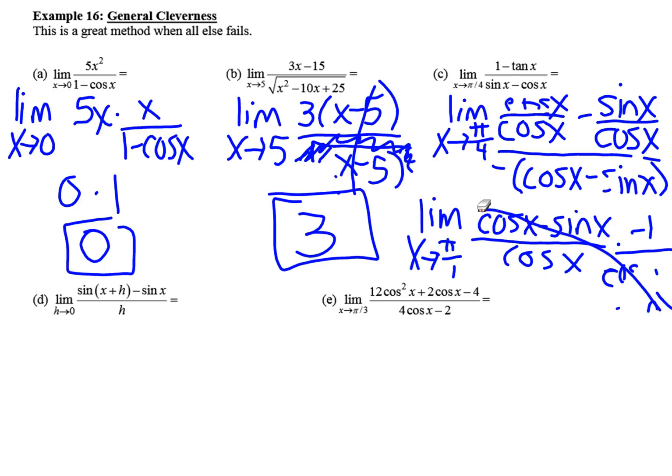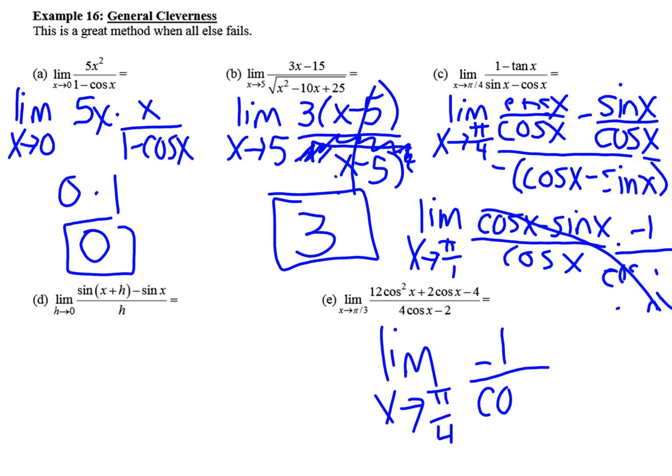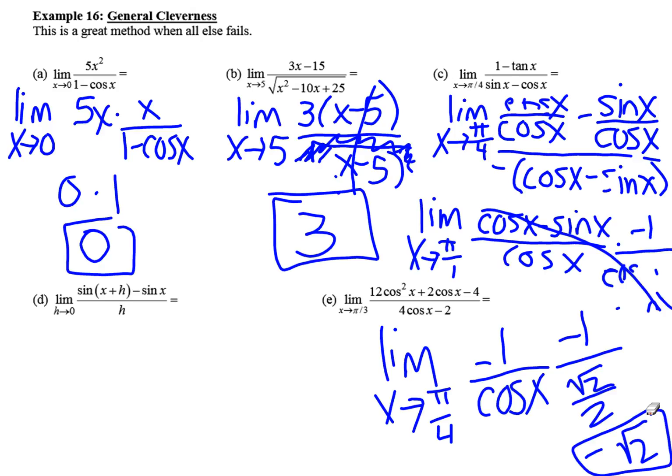So now I have the limit as x approaches pi over 4 of -1 over cosine of x. You could think about it as secant of x, or you could think about it as cosine. Plug in pi over 4, and you get -1 over square root of 2 over 2. Rationalize, or at least flip it over so it's not a complex fraction, and you get negative radical 2. Again, pretty neat problem. It takes a little insight.